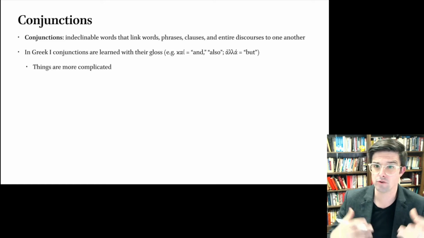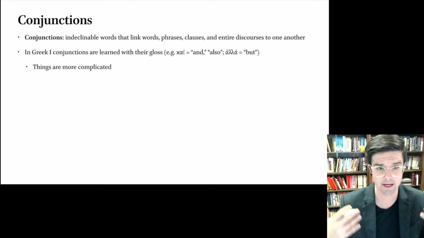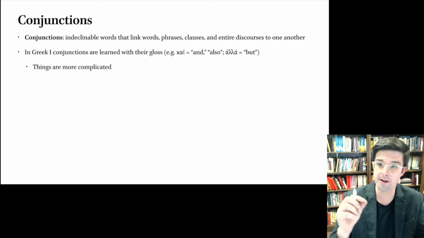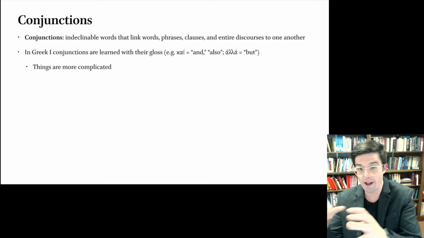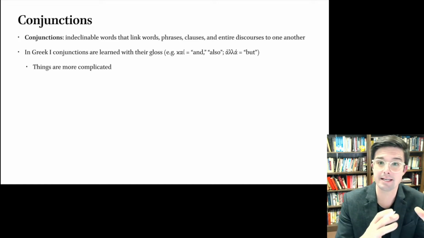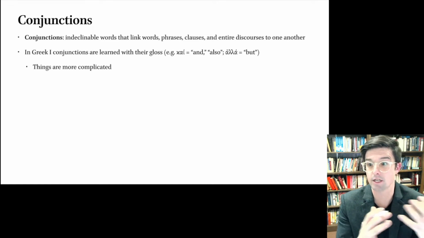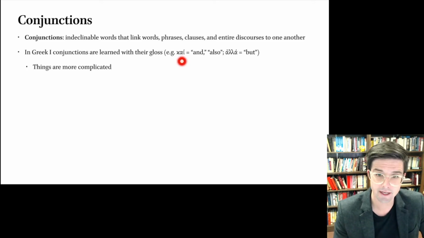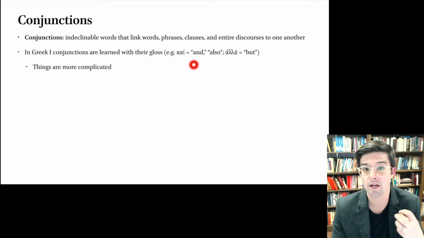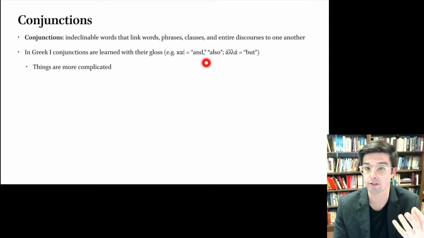In Greek, normally you learn a conjunction with its gloss. That is to say, not with its definition. A definition actually gives you a sentence about what a thing is, but a gloss is a particular translation or particular translations. So when you learned in Greek 1, your flashcard kai, you learned that it meant and, also, and even.